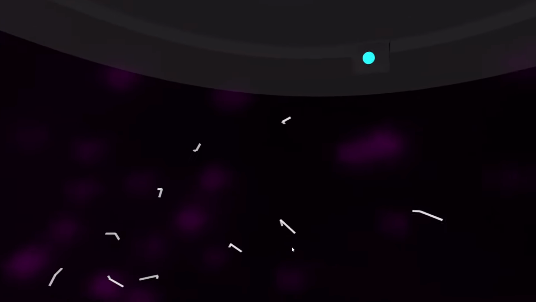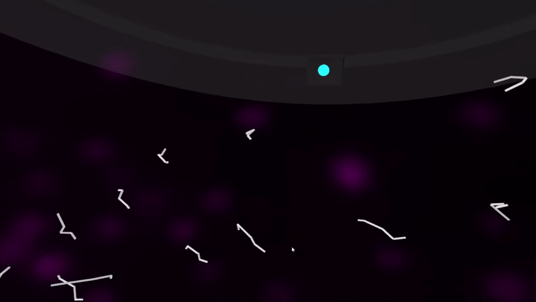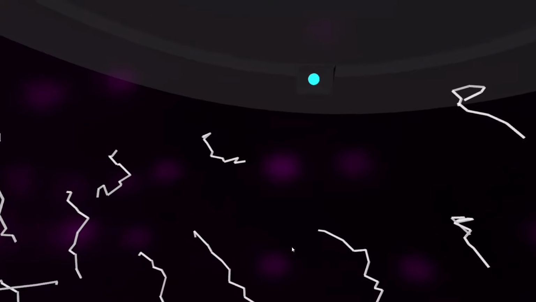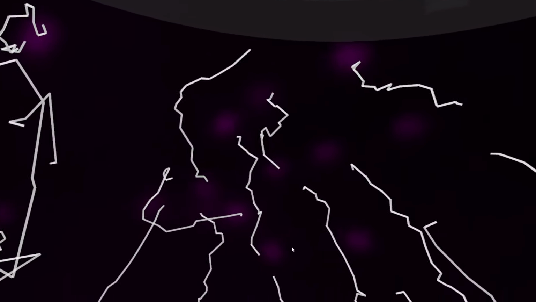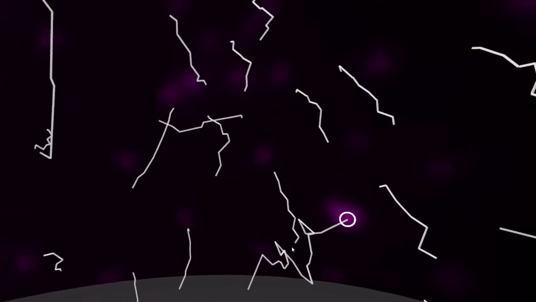Okay, now what happens if you actually have mitosis? Let's try to find a cell division. It's not a cell division. Let's try to find a cell division somewhere.